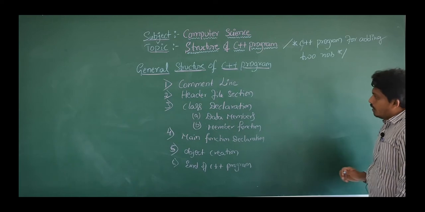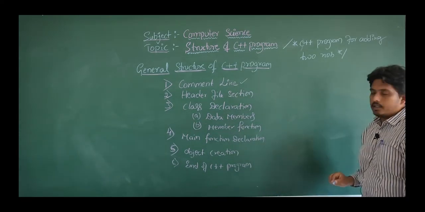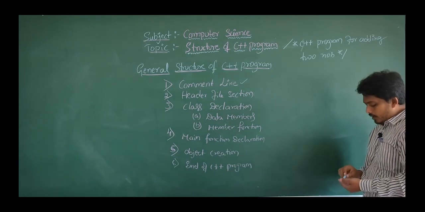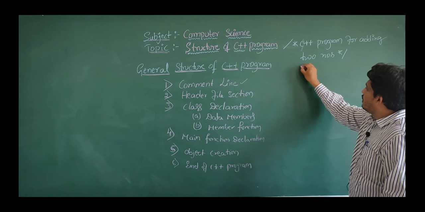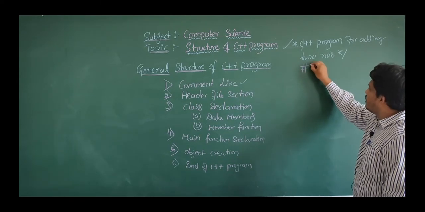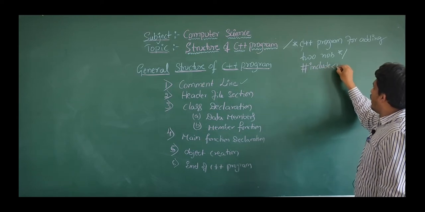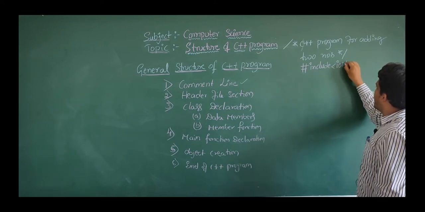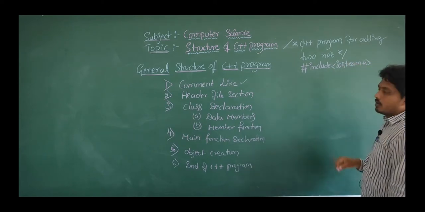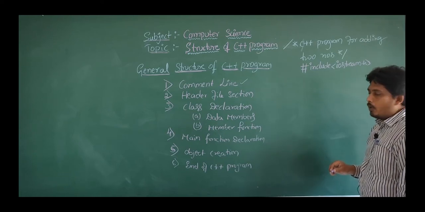After the comment line we go for the header file section, or header file declaration. Header files are written like this: you use a hash, include iostream.h. I will explain the purpose of writing #include iostream.h.